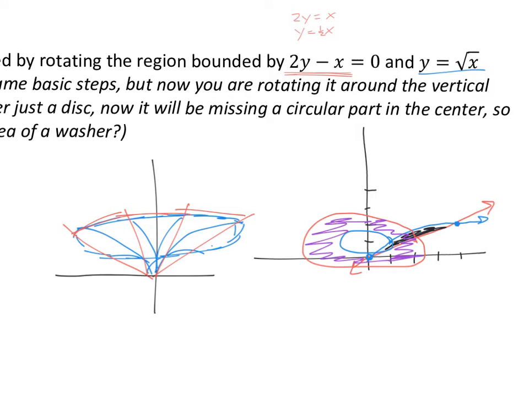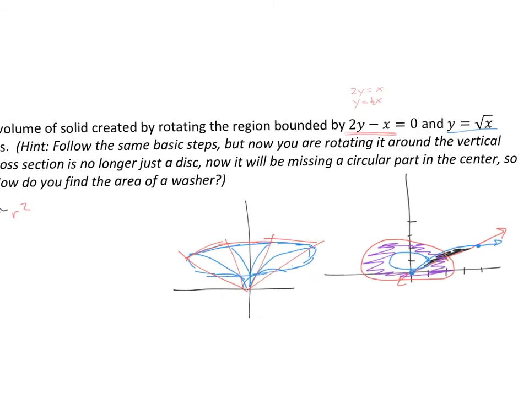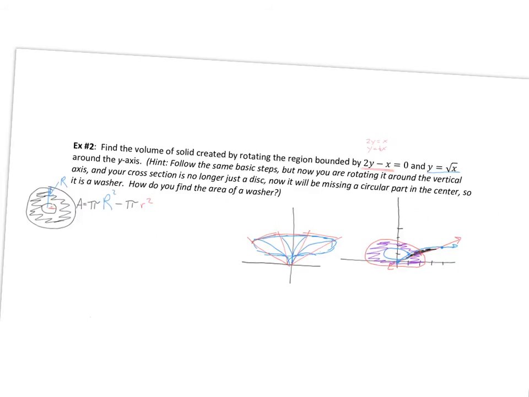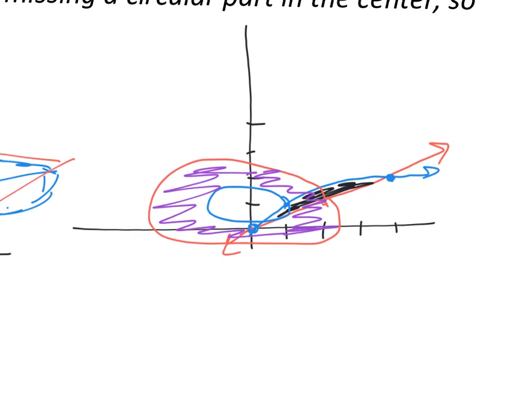We've got to think about what our radius is. I talked earlier about the two radii, the big radius and the small radius. So what is our big radius here? Well, our big radius, I did in red. See, that's the big radius, while this is the small radius.